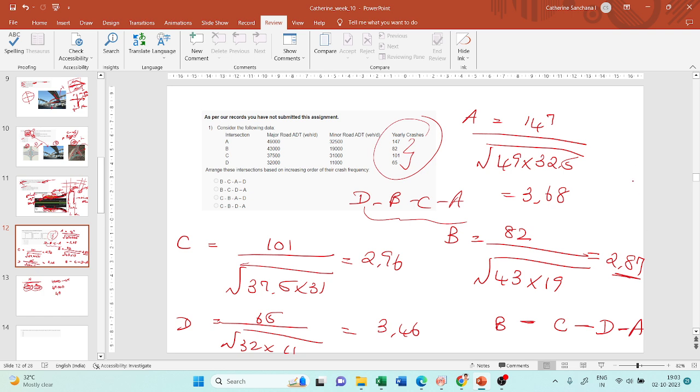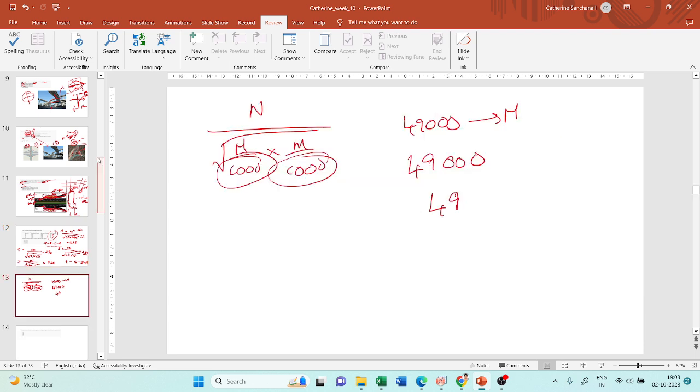So to make this more clear, let us take two intersections, A and B. This intersection has a total of close to 1000 vehicles traveling, and this has a total of 500 vehicles traveling.